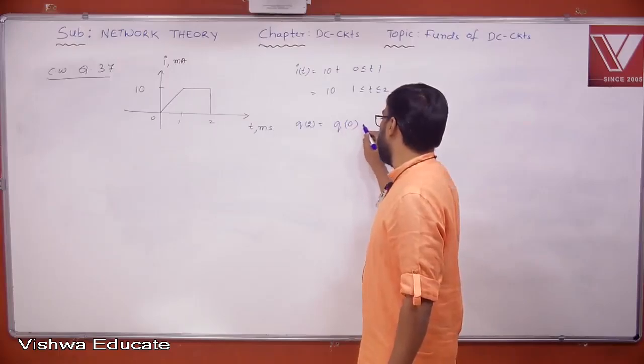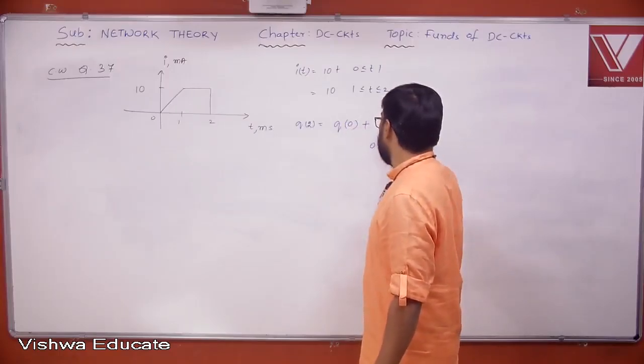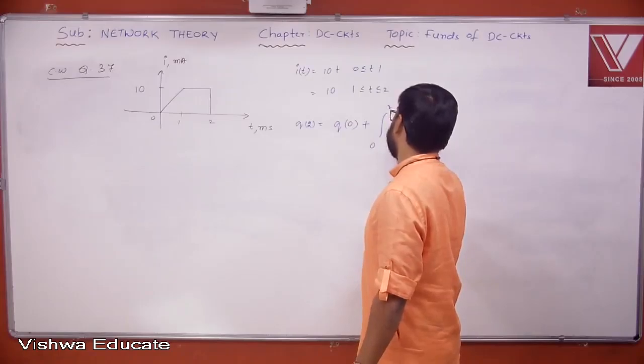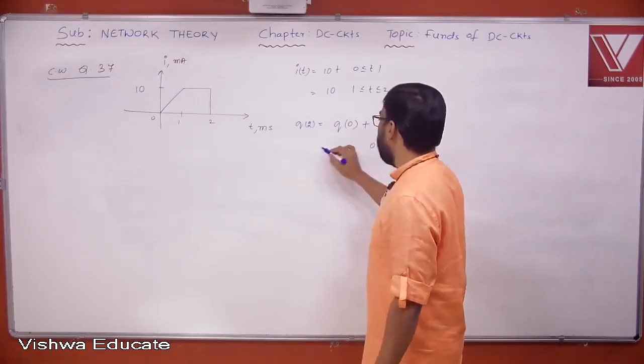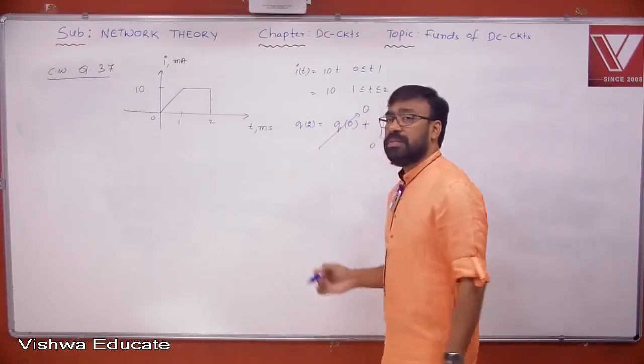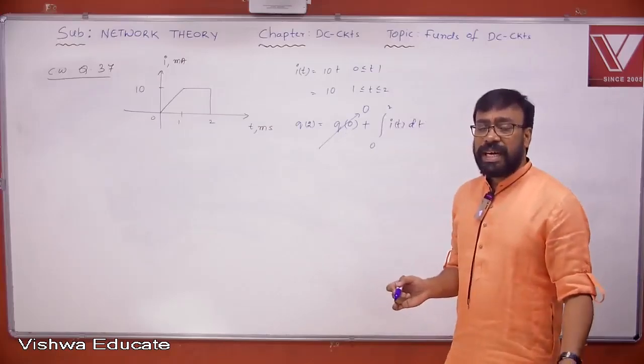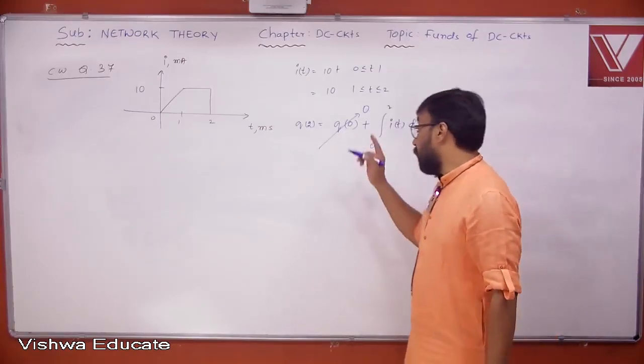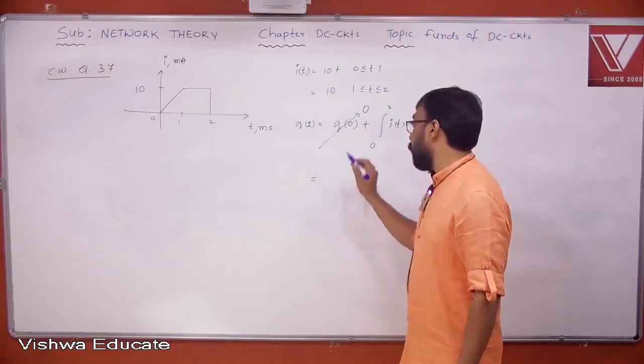The lower limit, if I take 0, then integration 0 to 2 I am supposed to take here, I of t dt. But do you have any information regarding q of 0? Directly or indirectly the information is not given, then we can consider it to be 0. But always have a practice of writing that particular quantity.